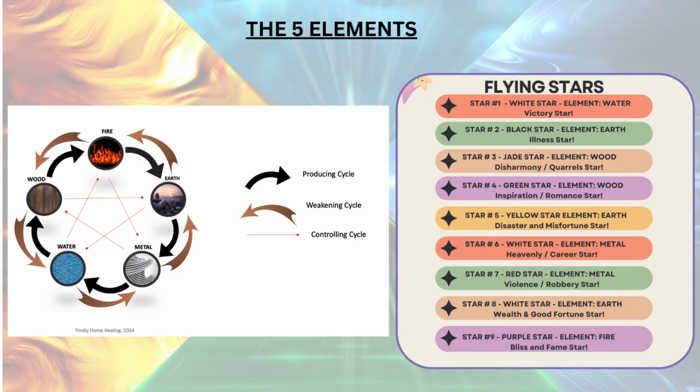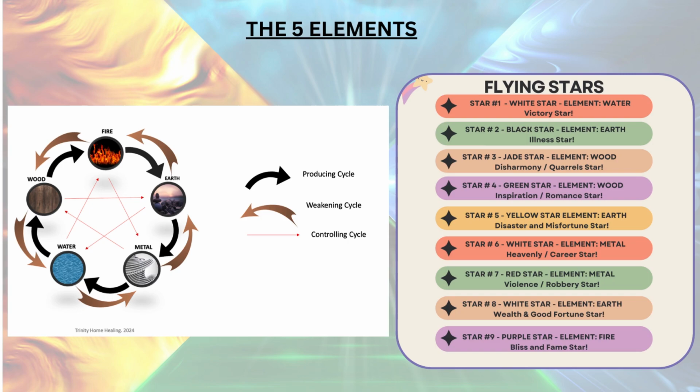Now, when working with the flying stars, it's important to also be familiar with the five elements and their cycles, because we use this whether we want to, say, activate an area, or if we want to remedy an area, we use certain elements to incorporate the results. So quickly to go over here, for example, you've got wood.